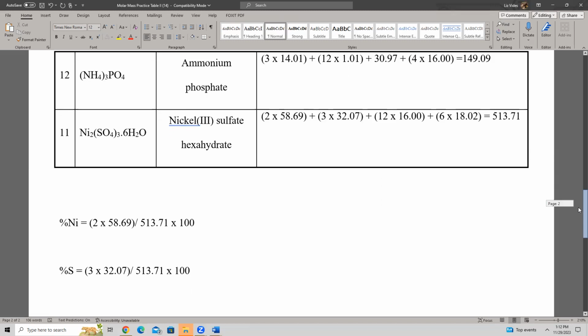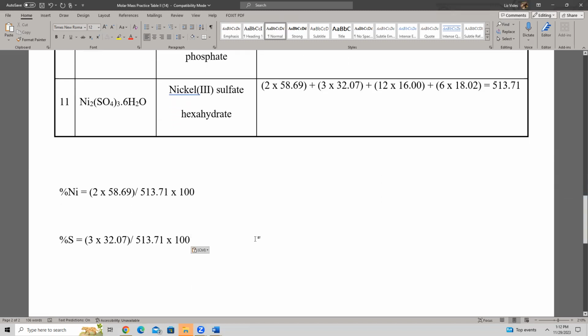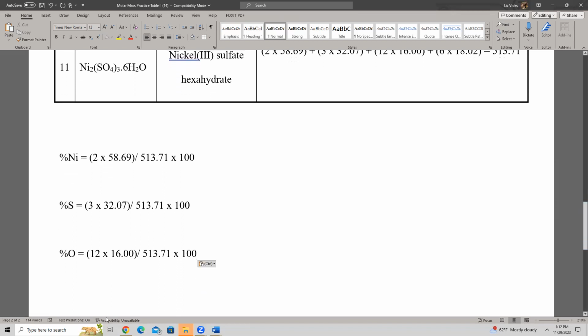And then the next one is percent oxygen, and that is equal to 12 times 16 divided by all this stuff. And then the last one is the water, percent water.